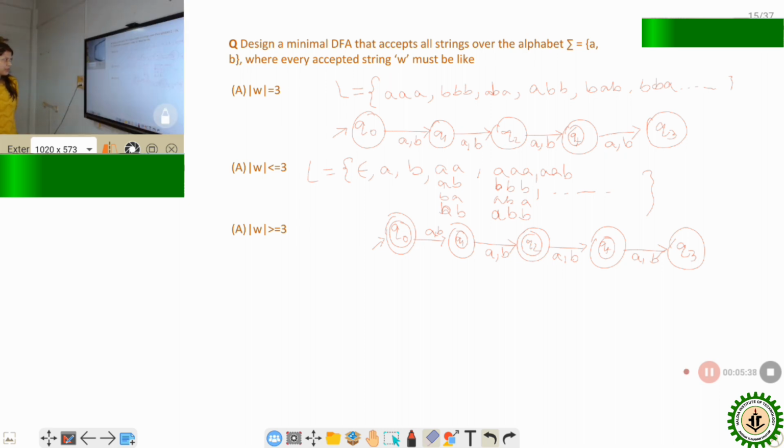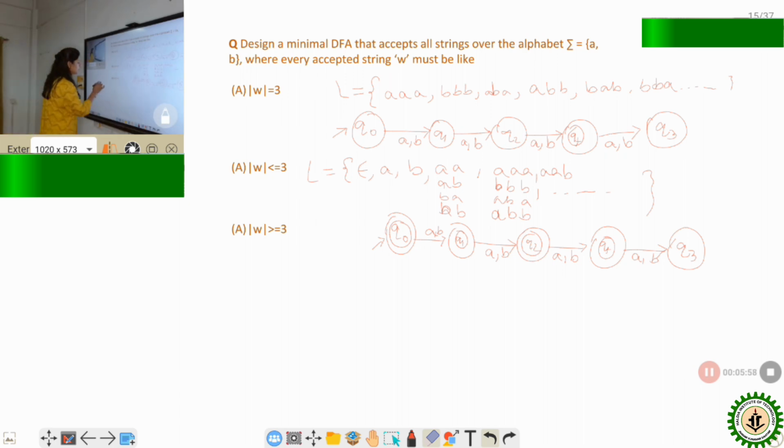Now the length of our string is at least 3. That means the length of our input string is at least 3, so it can be greater than 3.